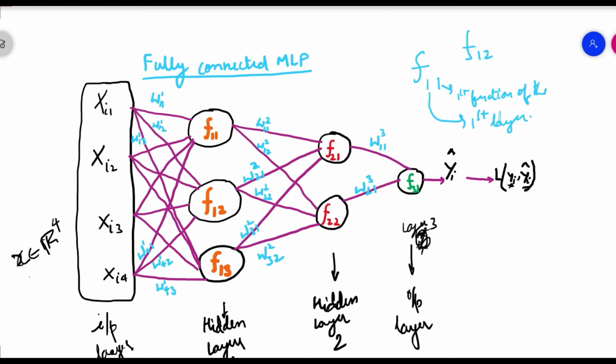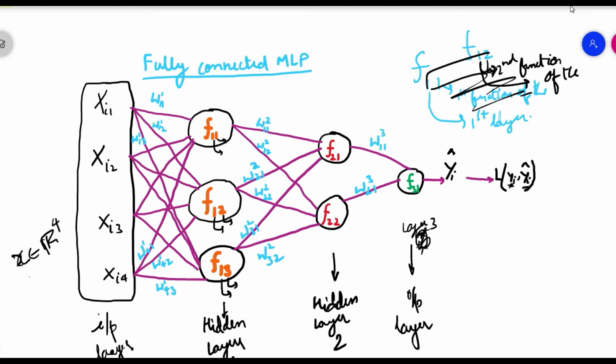It represents that this activation function is the second function of the first layer. Okay, so hope you got it. F11 represents the first function of the first layer, then the second function of the first layer, then the third function of the first layer. F21 represents the first function of the second layer. So this is basically your layer number, and this is the function serial number.